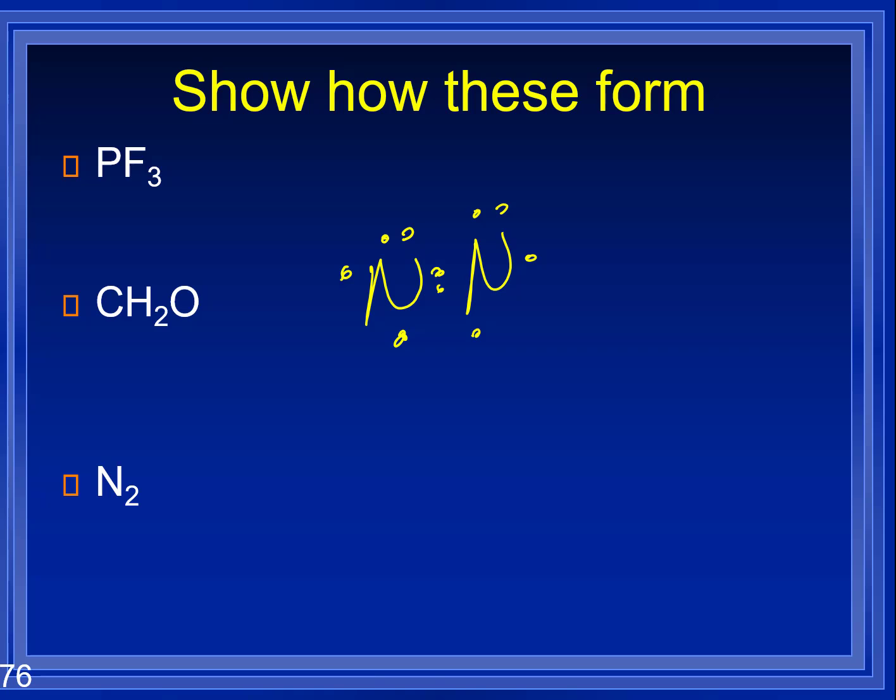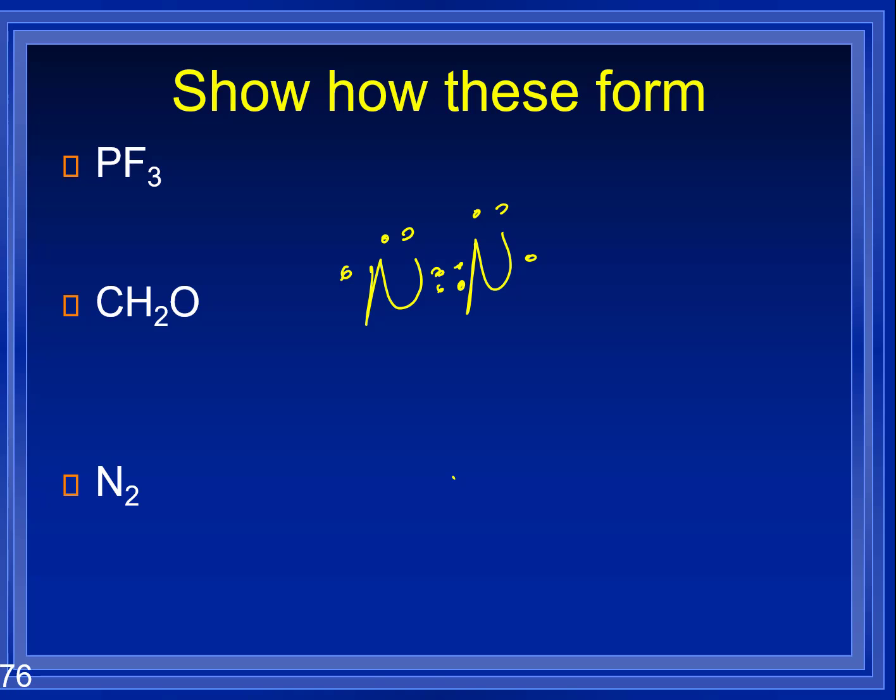Do I have noble gas configuration there? No, I don't have noble gas configuration there. So the only solution is to share more, right? So bring 1 pair in, 1 from each.